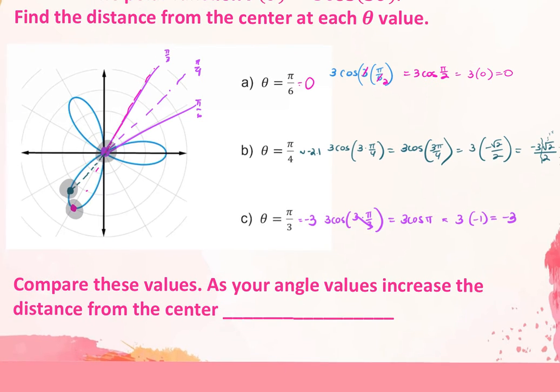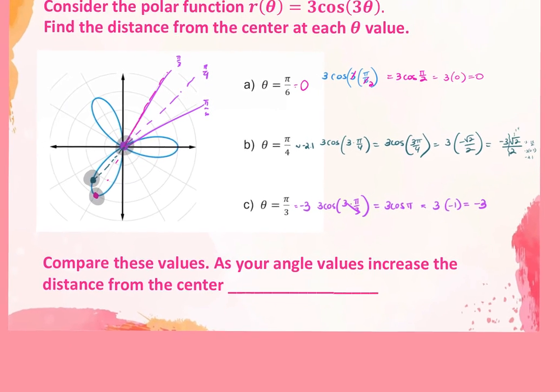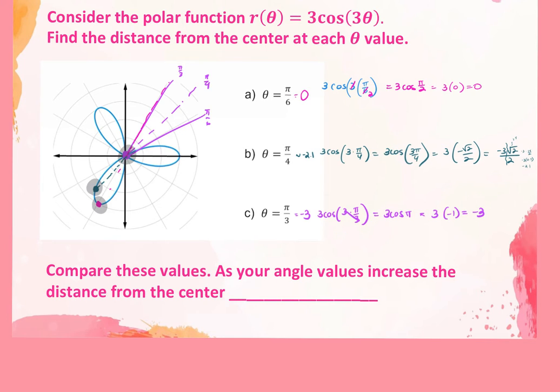So the bottom question is what the focus of today's lesson is: comparing the values. What's happening as these values increase? It says compare the values as your angle values increase. The distance from the center, we're looking for increases or decreases here. So if I go from where pi over 6 was, which was that first point, to pi over 4, which was the second point, the teal point, to pi over 3, which is the pink point, what's happening to the distance from those points to the center?